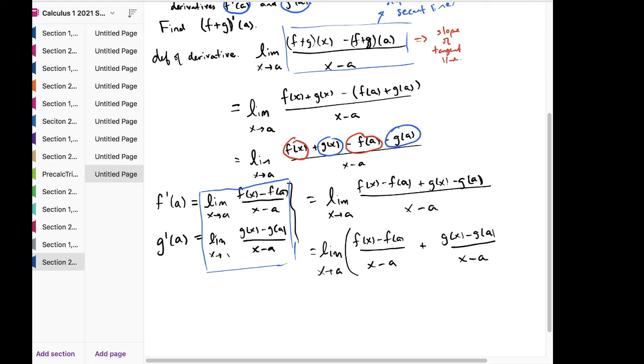Okay, so now we have that limit law that says, since these limits exist, because we said they existed, then we can do the limit of each of them.